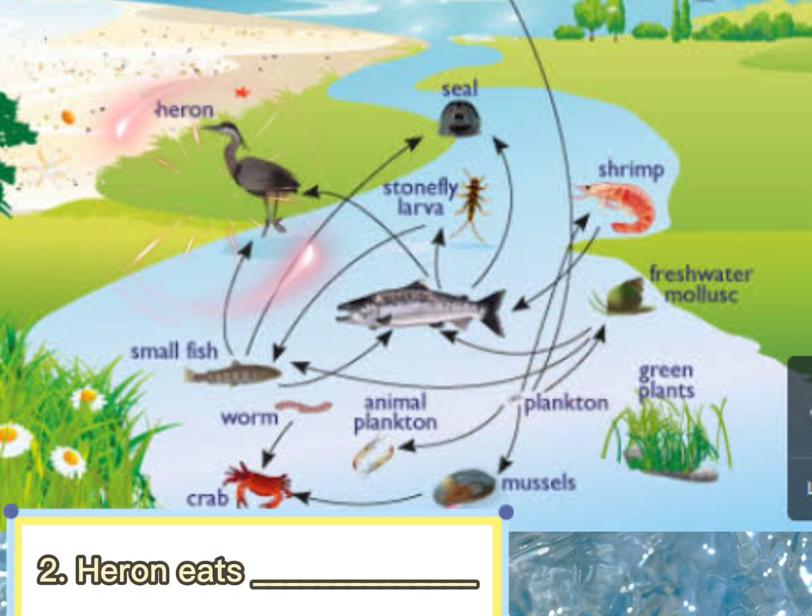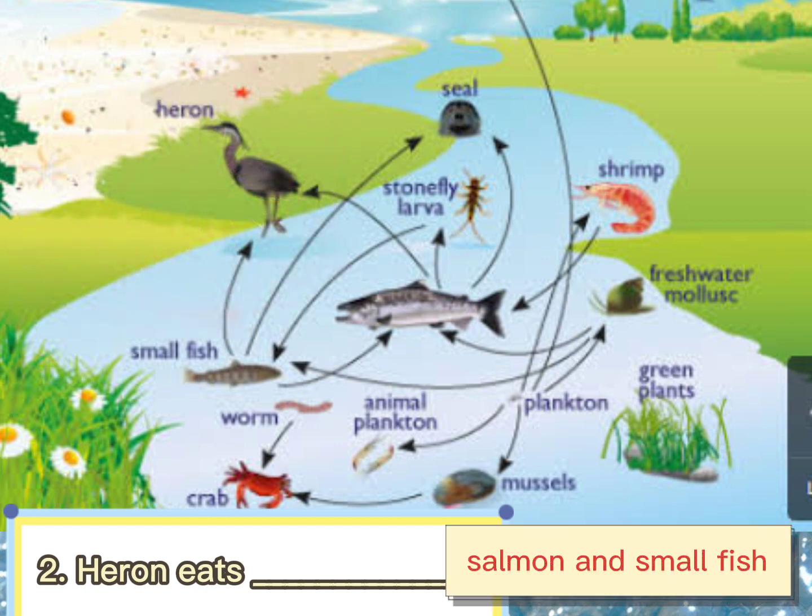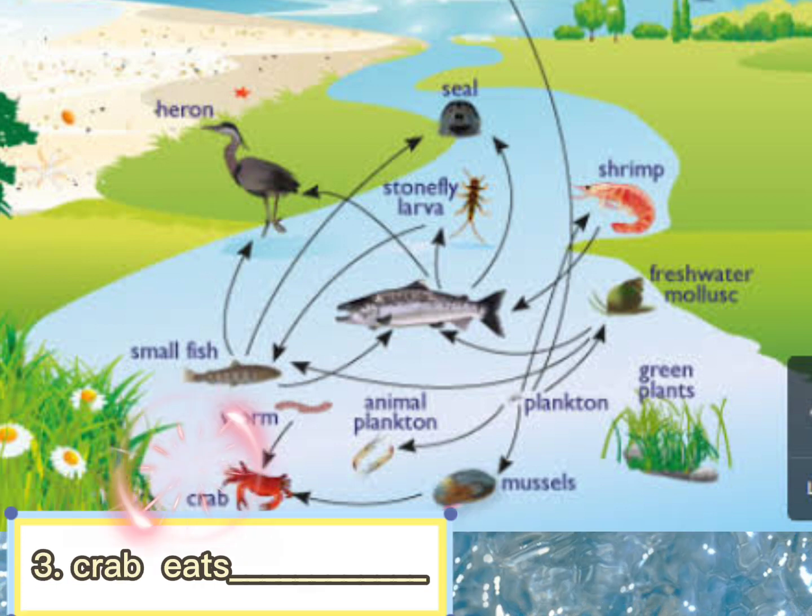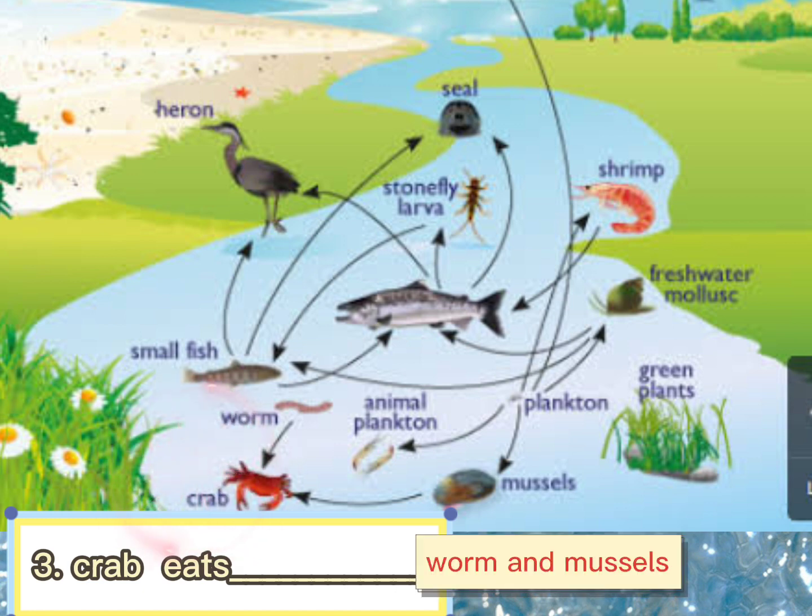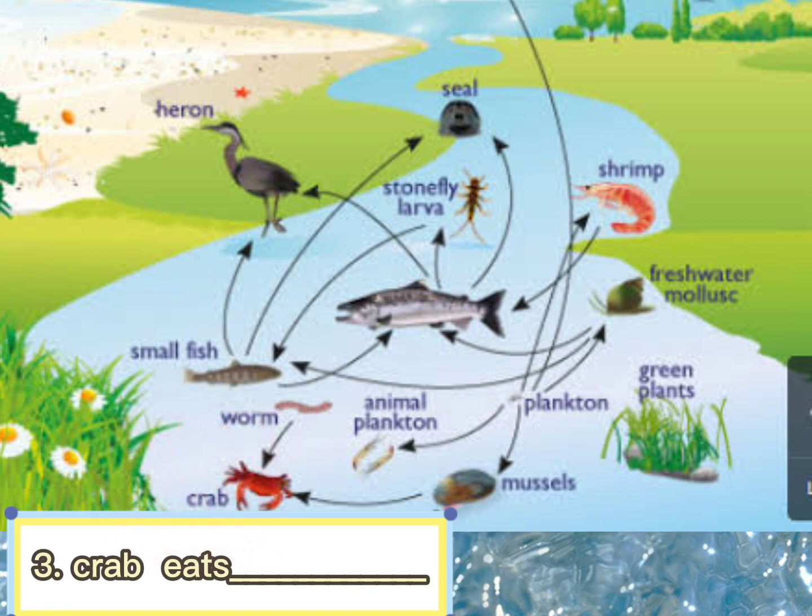Number 2. Heron eats blank. Salmon and small fish. Number 3. Crab eats blank. Yes, crab eats worm and mussels.